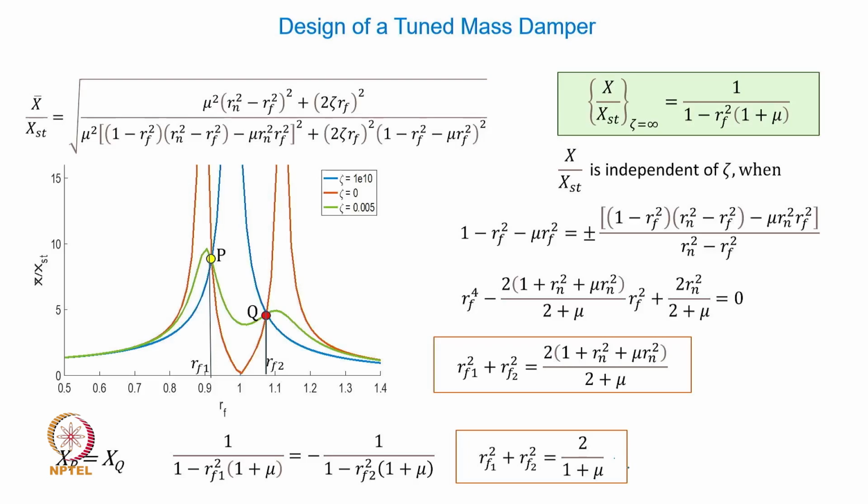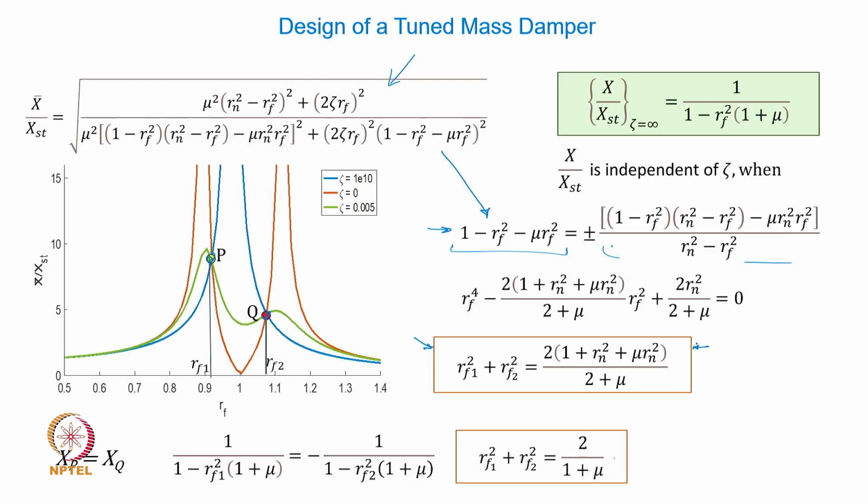Okay, so we have taken two routes. One route was to get this equation, because when this left hand side is equal to this right hand side, this particular expression is independent of zeta, which actually refers to these two points, and then we got the summation of squared values of rf1 and rf2 to be given by this expression.